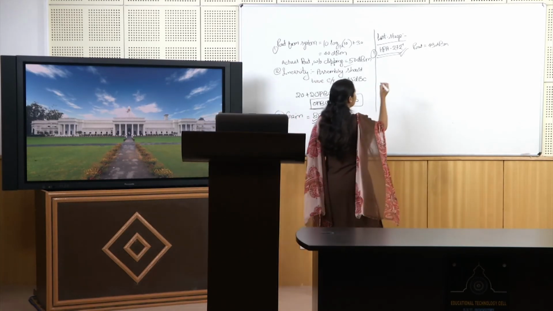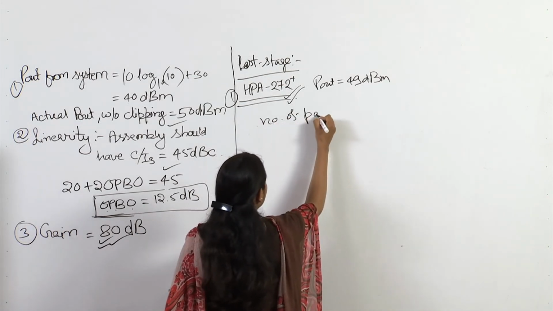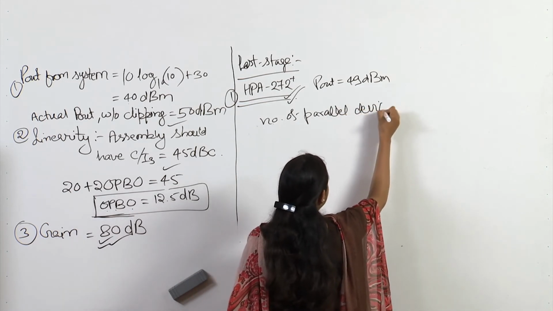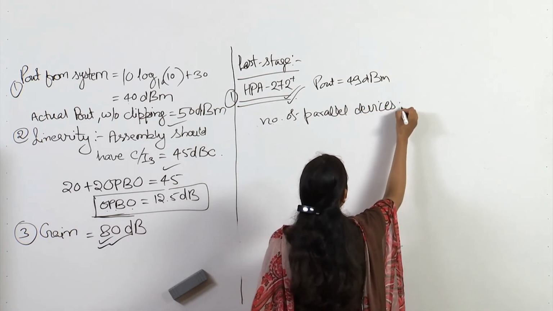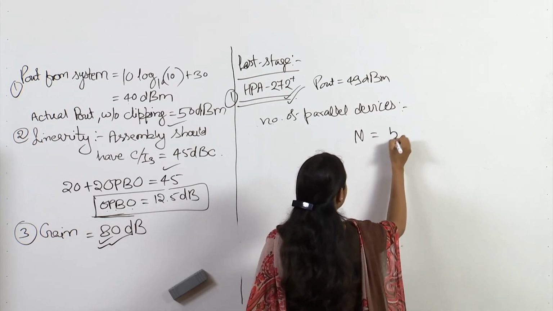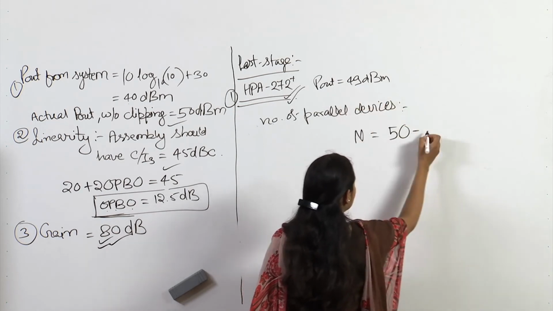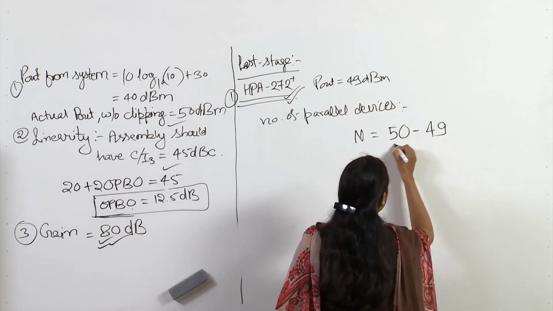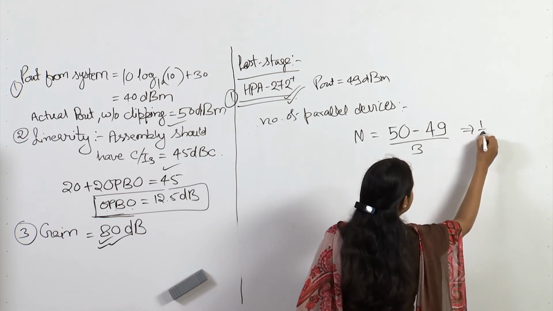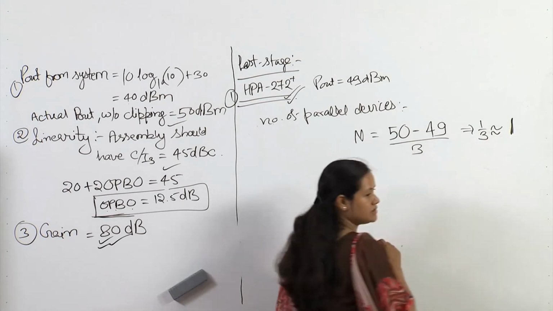It means when we are calculating the number of parallel devices in the output assembly, N can be calculated as 50 minus the output of the device itself, which is 49 dBm, divided by 3. It will be 1 by 3, and it will be approximated to 1 to make it an integer.